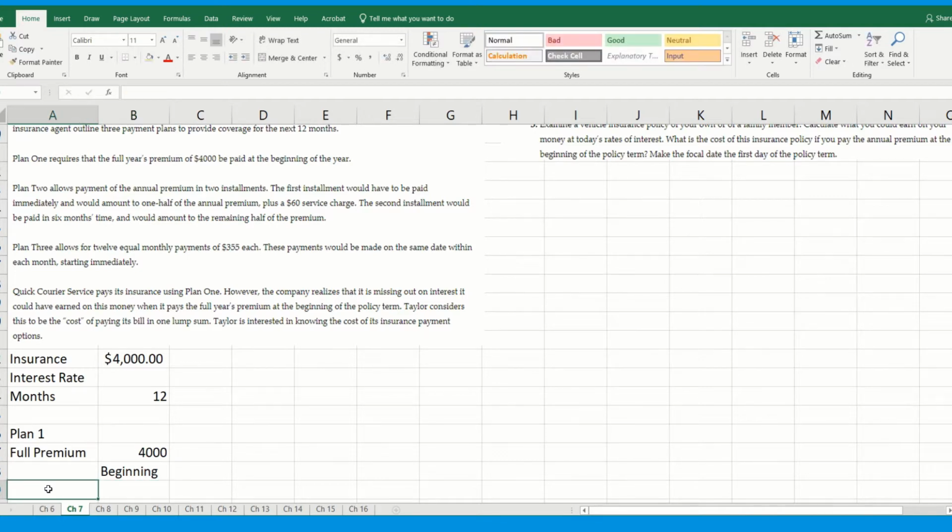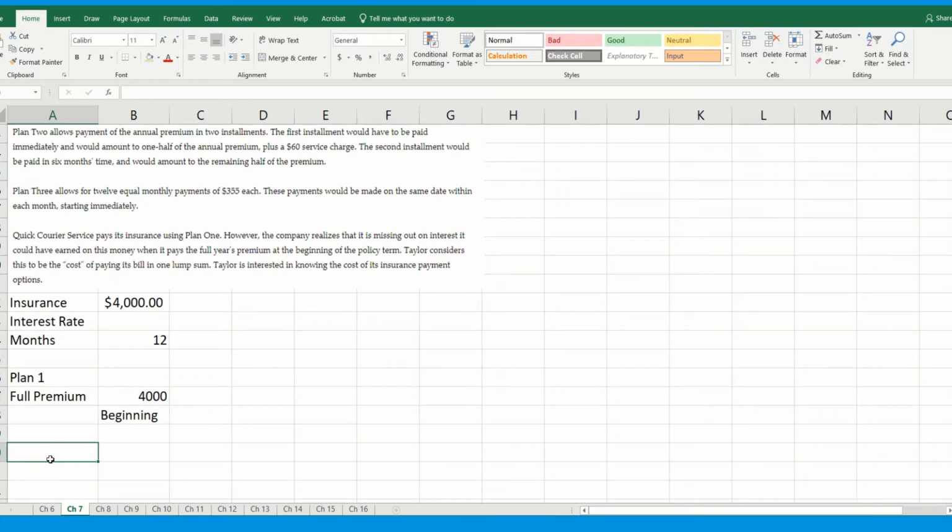Plan 2, so I'll just move on down there and type in the word plan 2. Plan 2 allows for installments. It's going to allow for 2 installments, and the first installment is immediately.